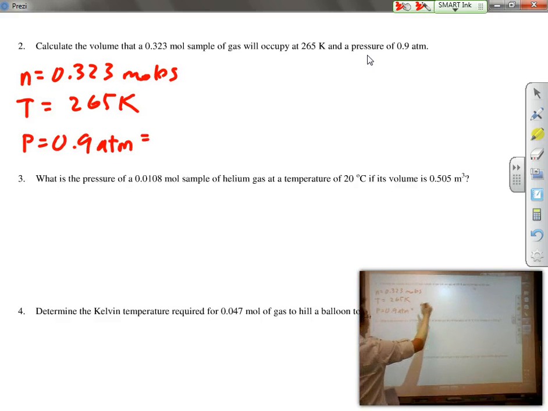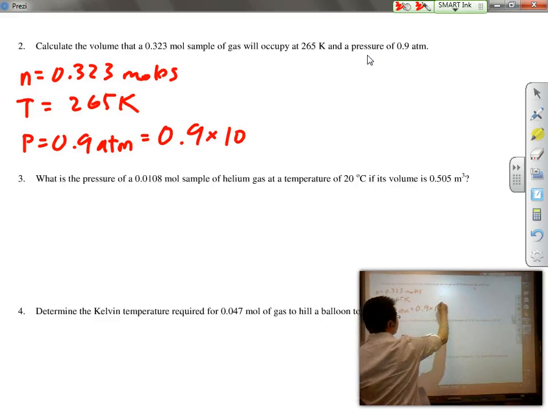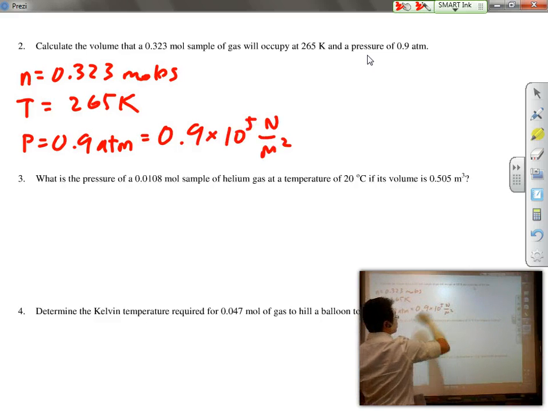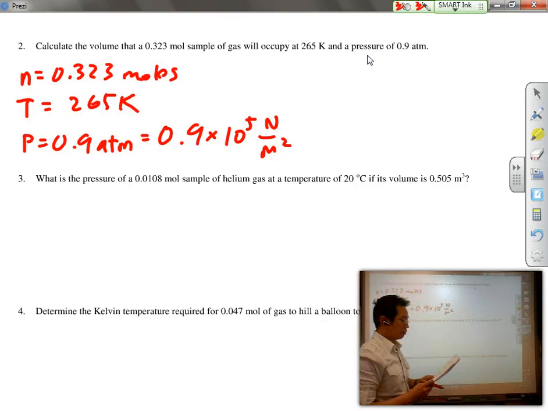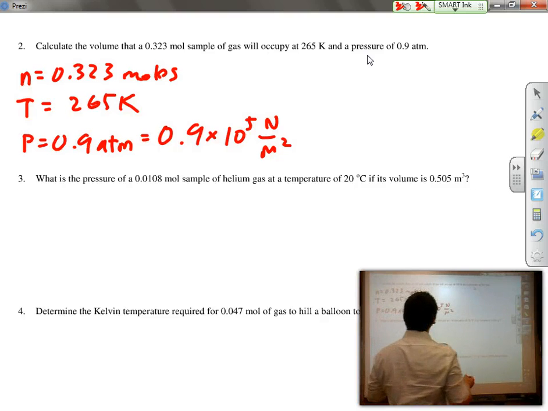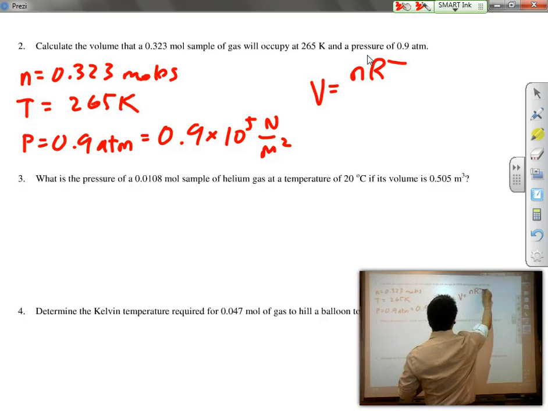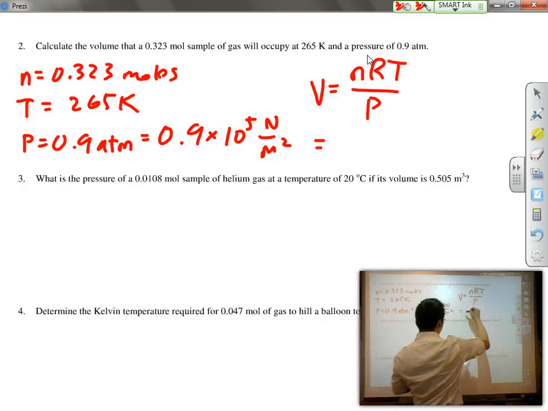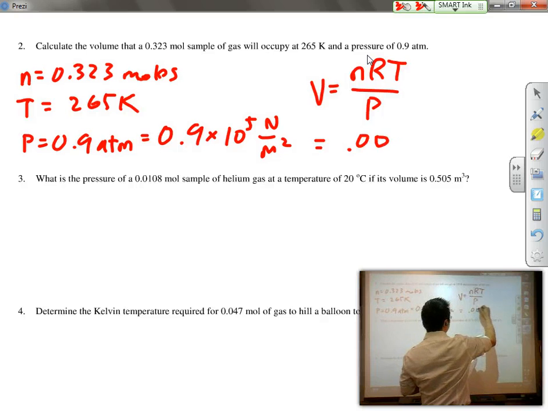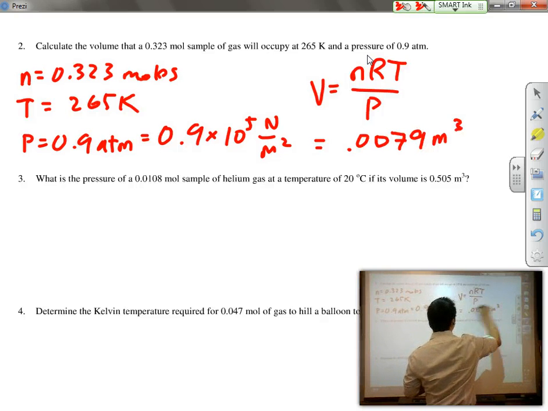So make sure you convert that into 0.9 times 10 to the 5th newtons per meter squared. And now we can properly solve for the volume. So when you plug this all in, volume is simply equal to nRT divided by P. You plug in your numbers and you get 0.0079 meters cubed.